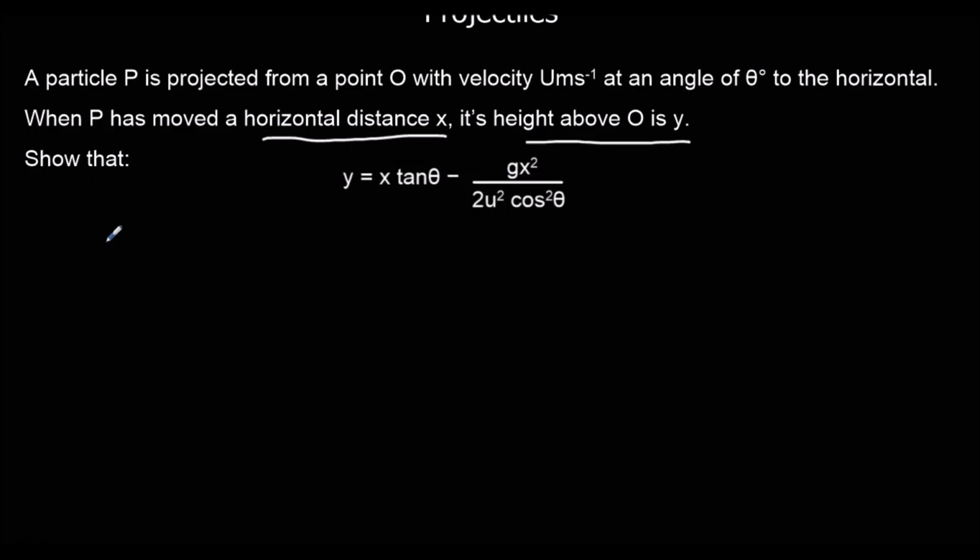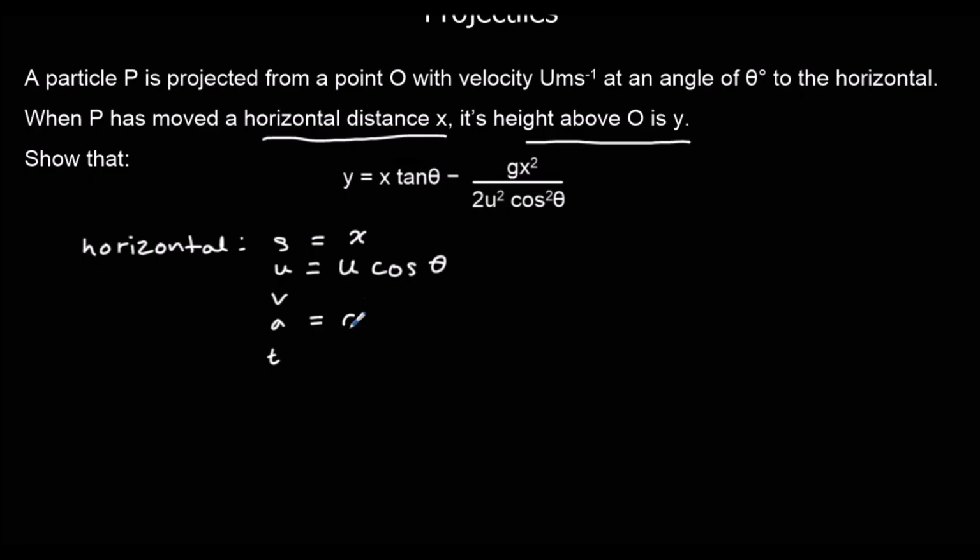So we're going to write down our horizontal information and our vertical information. So our horizontal distance is called x, it's got a velocity of u, an angle of theta. So horizontally, we've got u cos theta.